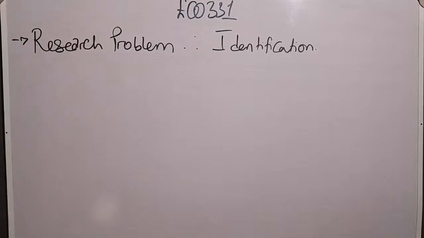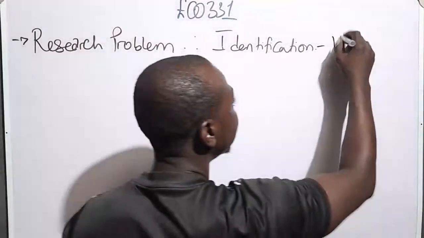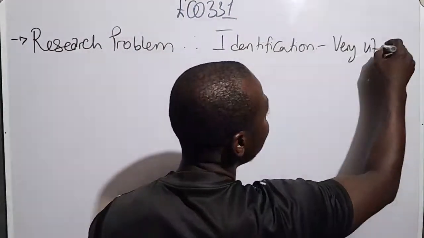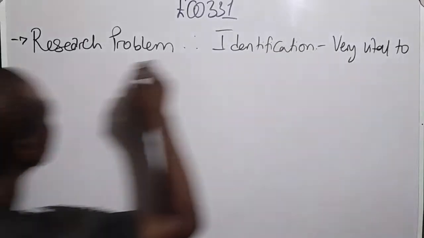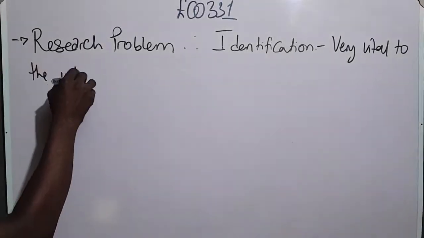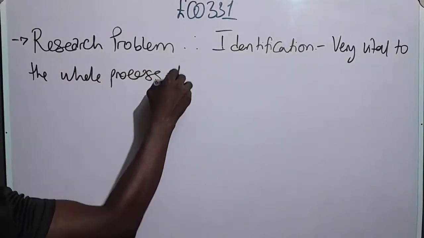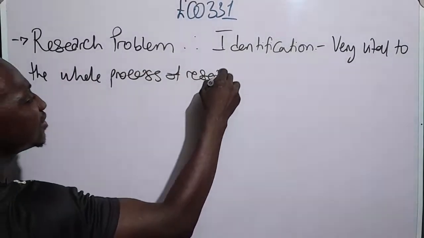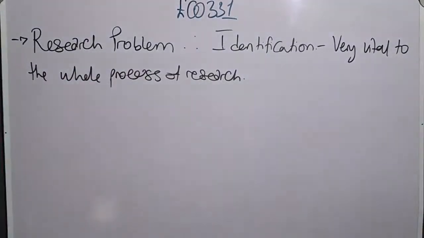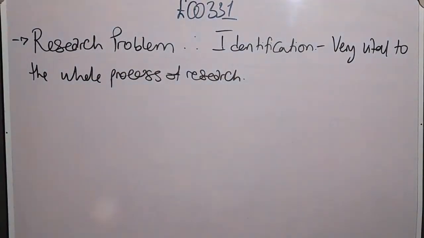Now, the identification of the problem is very vital to the whole process of research. From this problem identification, you can now tell that, okay, this is my strategy, this is what I'll be employing, this is what I'll be doing.